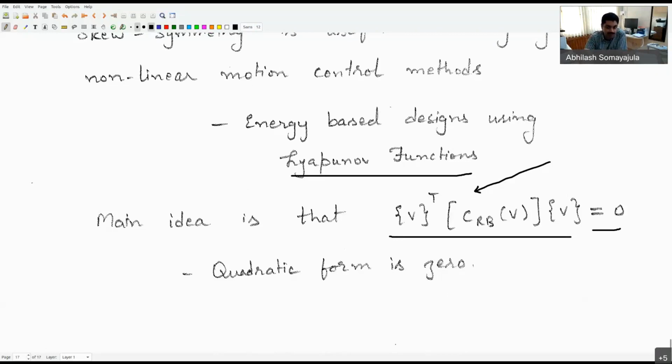But we know from our experience in fluid dynamics that when the vessel is operating in calm waters, we will have the so-called added mass coming into the picture. Similarly, we will have additional damping coming into the picture. In addition, when we have these vessels operating, there will be these hydrodynamic coefficients which will make an effect.